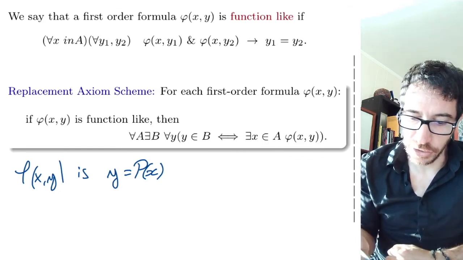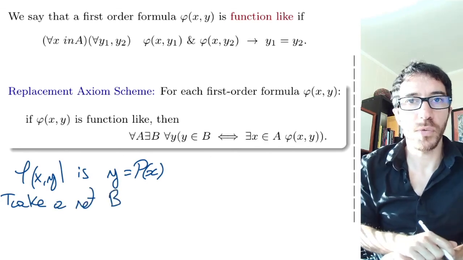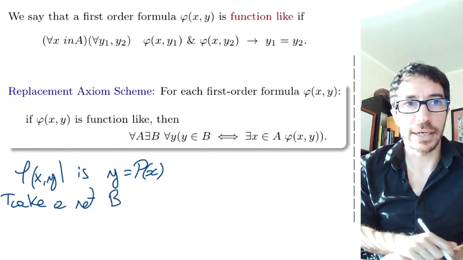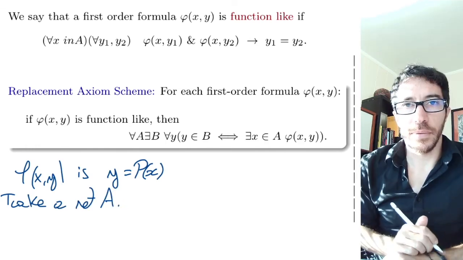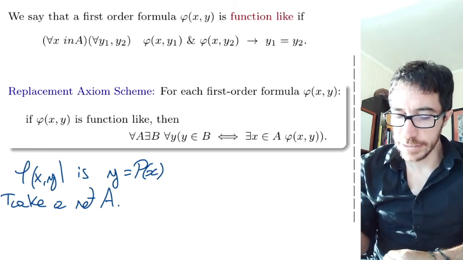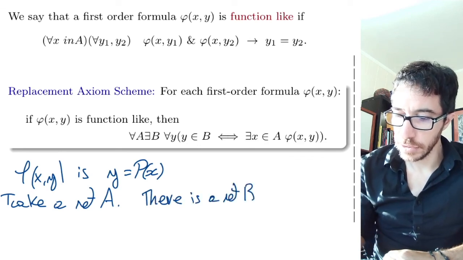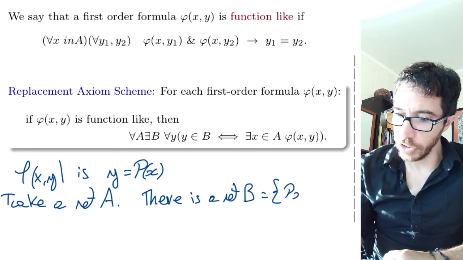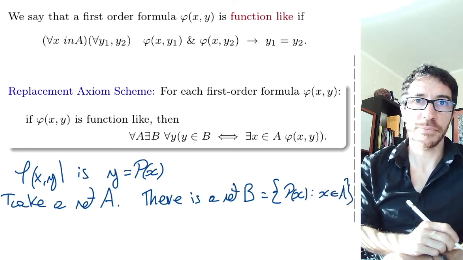So if you take a set A, what replacement tells us is that there is a B, which is an actual set, which is essentially the set of all the power sets of x for x in A. Alright?